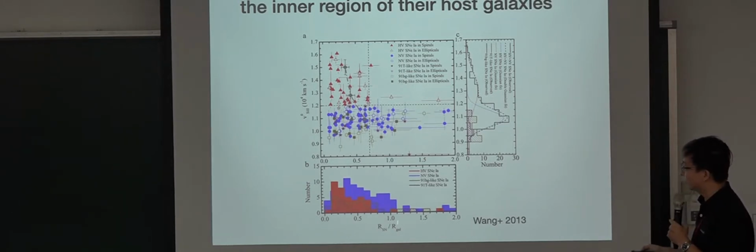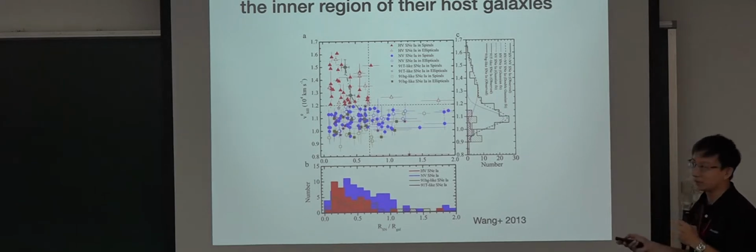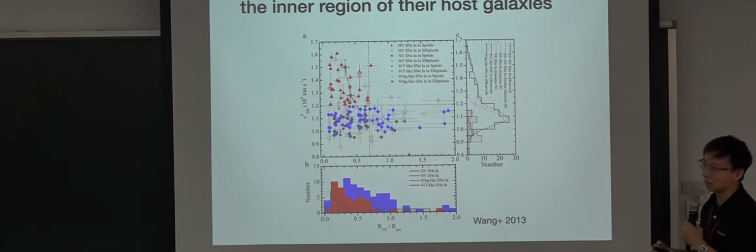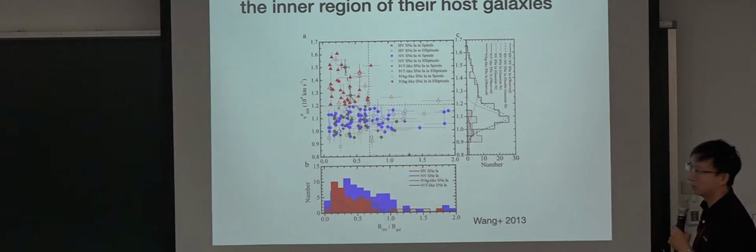So they also think about what's the underlying source driving this correlation. So naturally, again, it's metallicity. They think that because there's a metallicity gradient for galaxies, the inner part of the galaxy tends to be more metal-rich than the outer part of the galaxy.